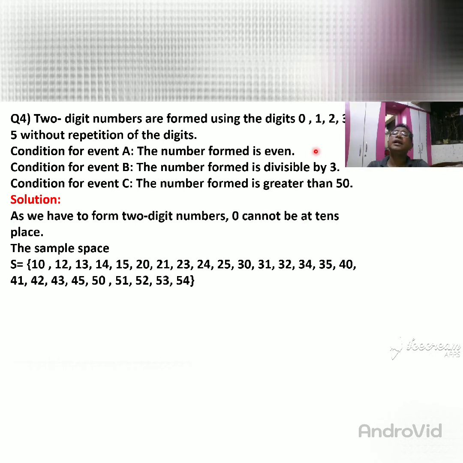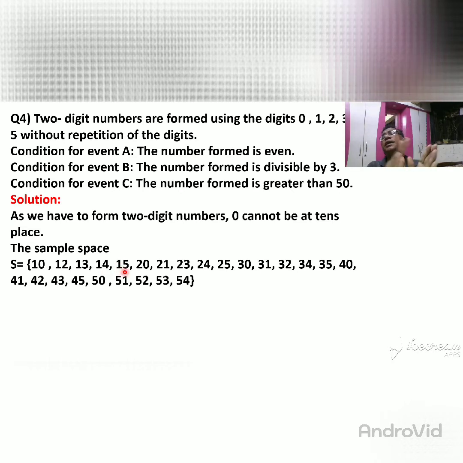Then we start writing 2 digit numbers from 1. So here is 10. Then after 1 there is the number 2, so 12. After 2 there is 3, so 13. After 3 there is 4, so 14. After that there is 5, so 15.